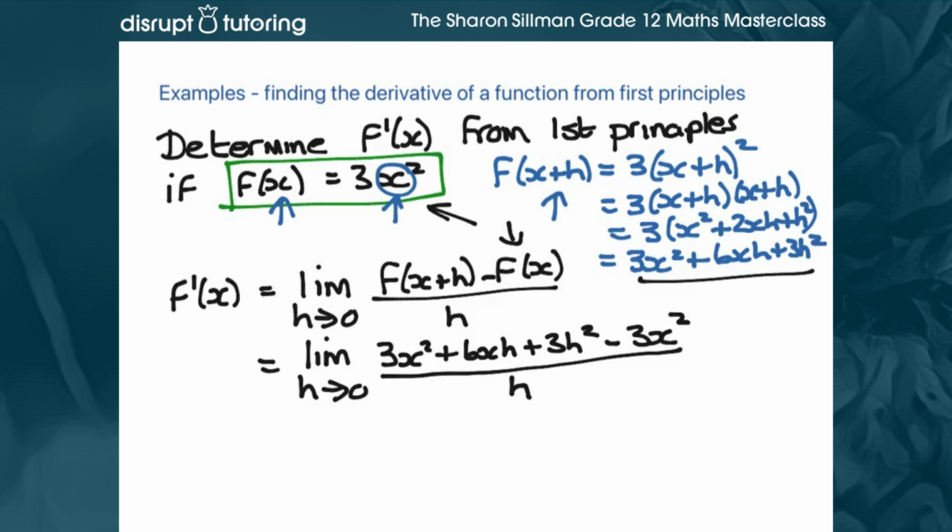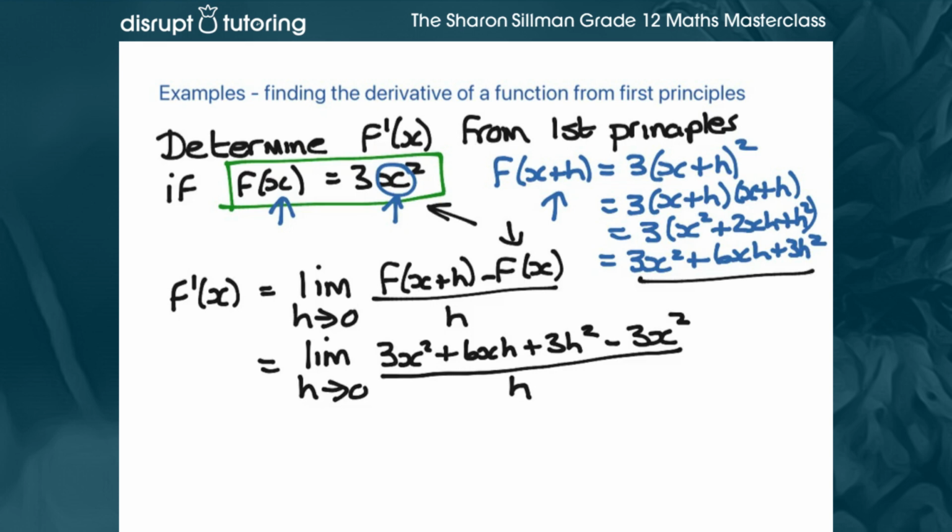Now remember, this is as h tends to 0, and when we did the limits in the previous video, if there was the variable in the denominator which was tending to 0, we had to somehow do some simplifying and some algebra work to make sure it wasn't in the denominator, because we can't go replacing h with 0 when it's in the denominator, because that will make it undefined.